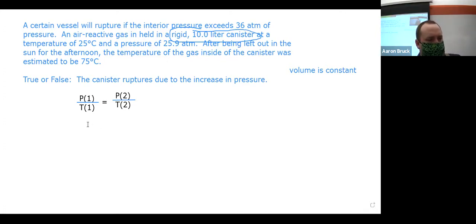And if we do that and we put in our values, remember we have to turn those temperatures into Kelvin. So 25 Celsius would be equal to 25 plus 273, which is 298 Kelvin. And 75 Celsius, well, that'd just be 50 more.